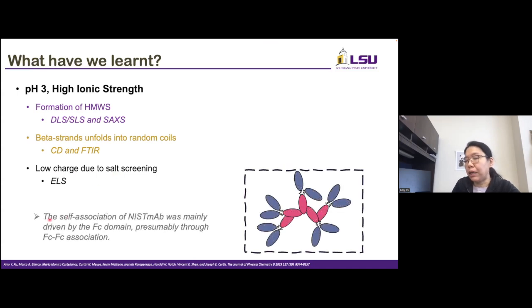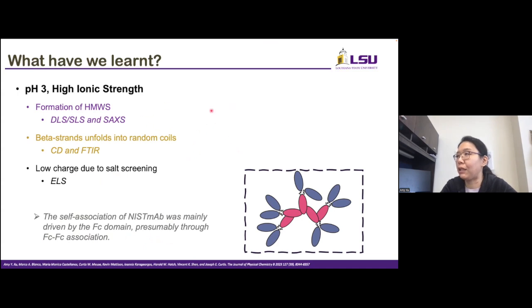So it's possible that the self-association of NISTmAb was mainly driven by the Fc domain, presumably through Fc-Fc attractions, although we cannot rule out the possibility of Fc-Fab interactions, but we need to do more experiments on that.